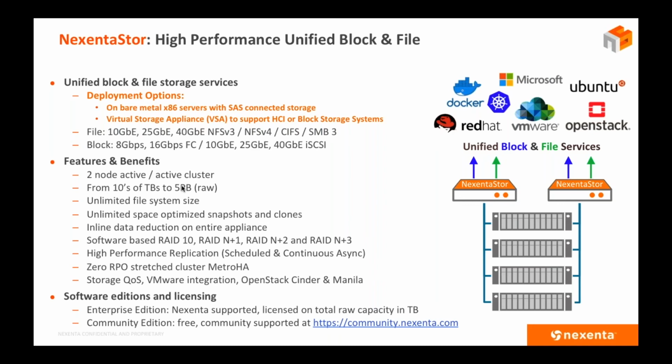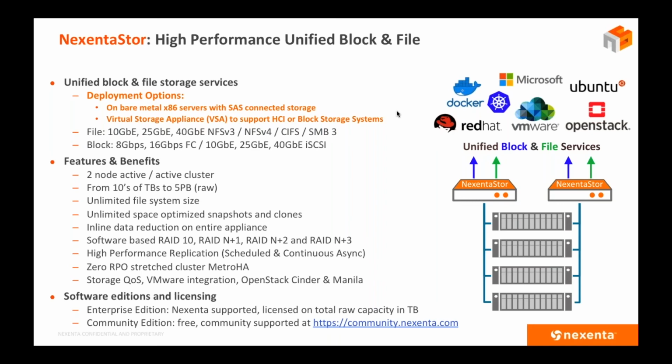The other option, and something that comes up a lot outside of just running bare metal, where we just do a few head nodes and JBOD storage behind it, is to run as a virtual storage appliance. And this comes up quite a bit recently, especially with the growth of the hyperconverged market and some of the really high performance block storage solutions that are out on the market today. Both of those provide a nice solution for your virtual machines, for you to be able to present a subset of your needed data.